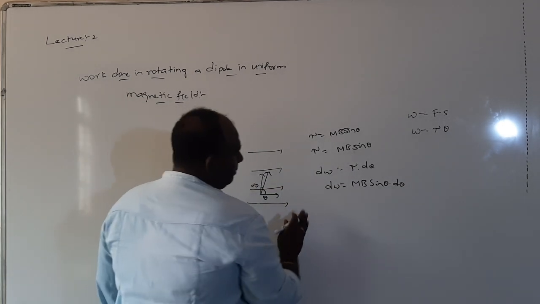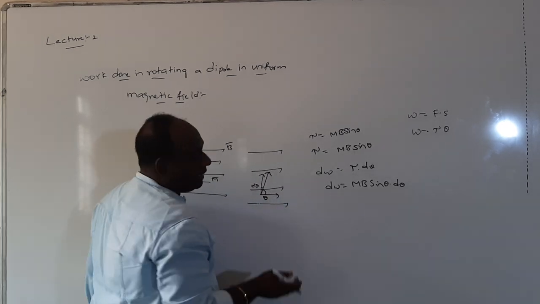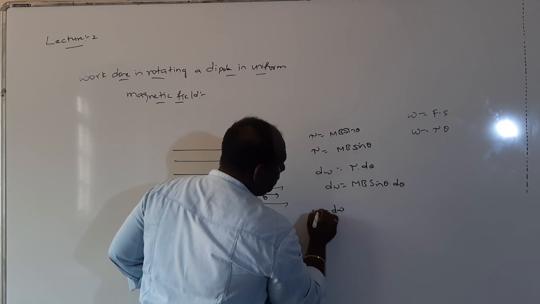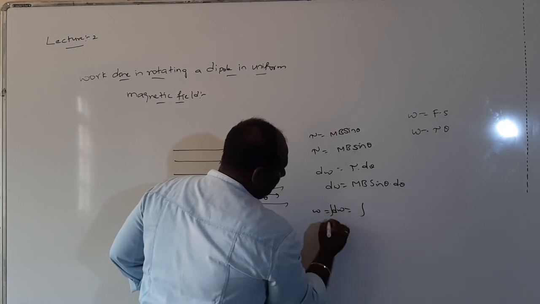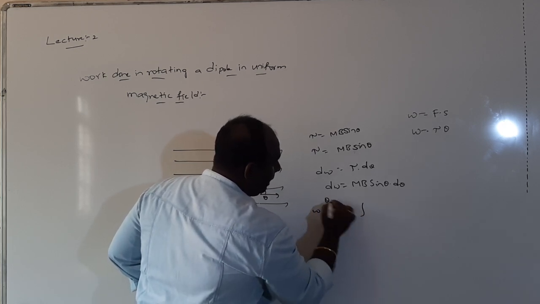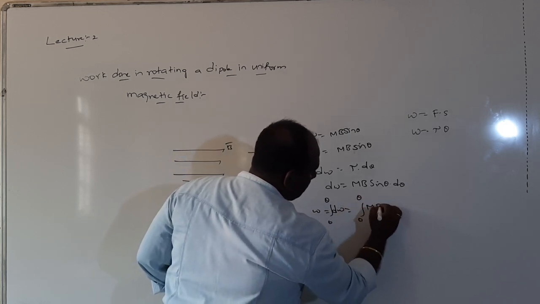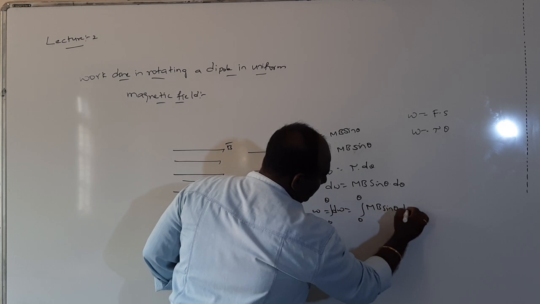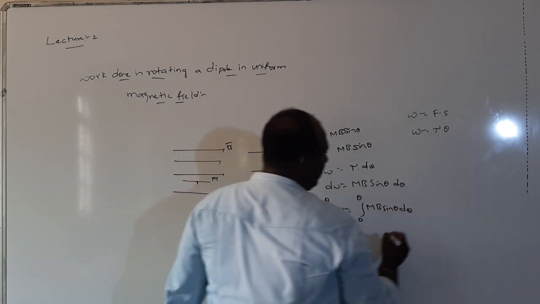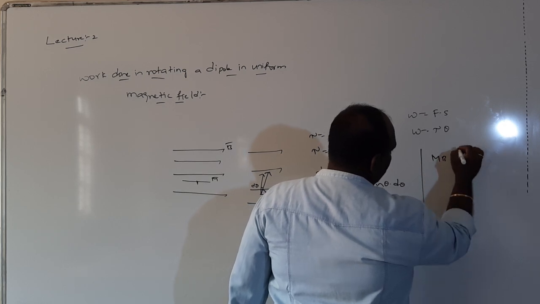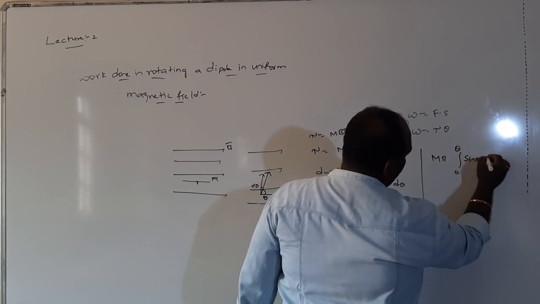This is the amount of work done in rotating from 0 to theta angle, or theta 1 to theta 2 angle. We can do either. The work done W is equal to the integral of dW, from 0 to theta where I am rotating. So I can write the integral from 0 to theta of MB sin theta d theta. Here MB remains constant, so bring MB outside: the integral from 0 to theta of sin theta d theta.